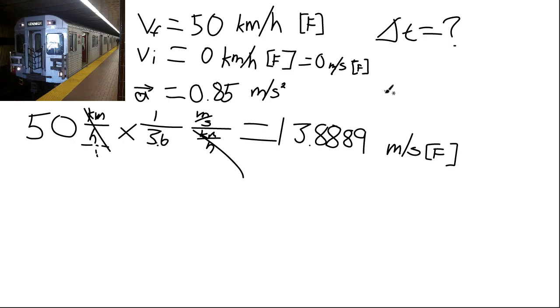And now we will have to use a kinematic equation.